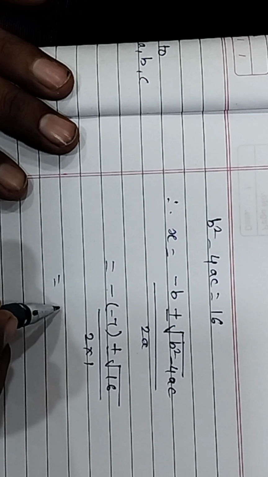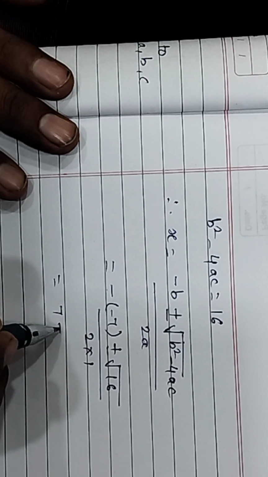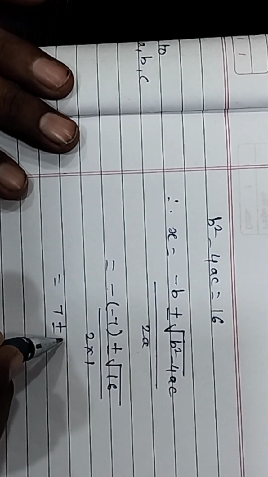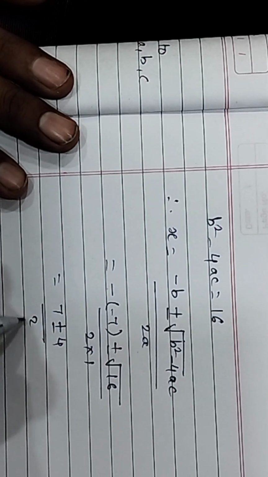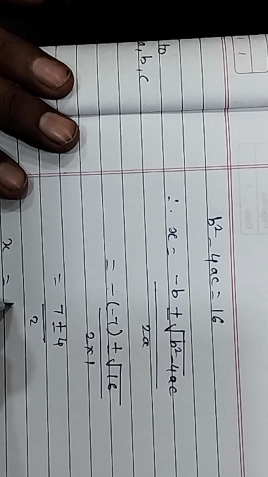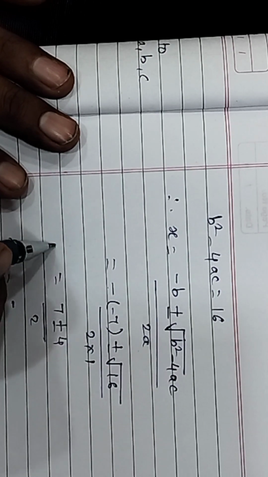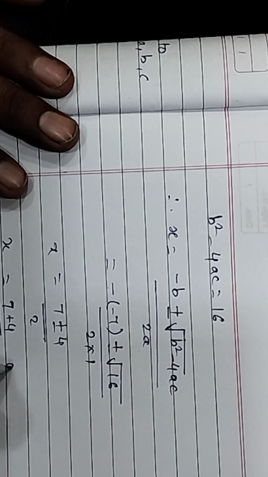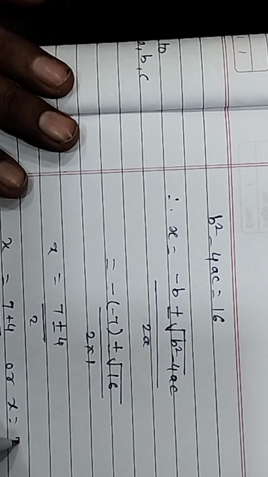Therefore, we write here as minus 6 plus minus square root of 16, which is 4, upon 2. Therefore, we write value of x as minus 6 plus 4 upon 2, or x is equal to minus 6 minus 4 upon 2.